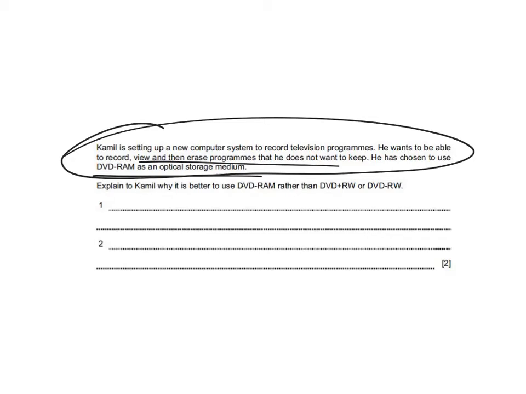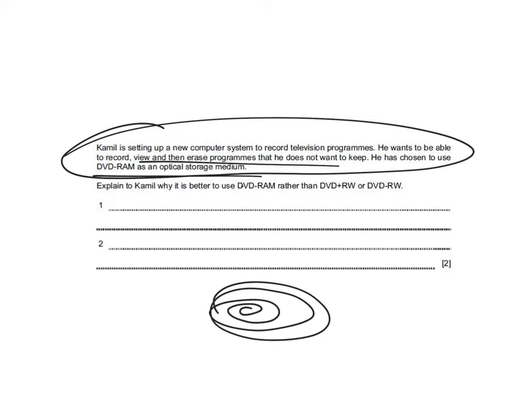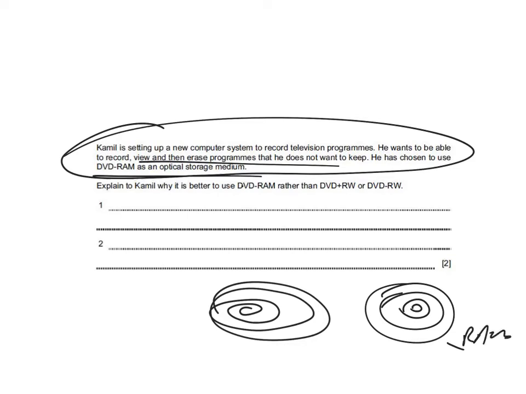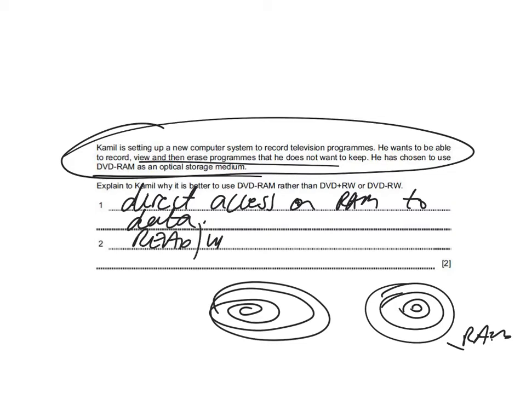So because the DVD is written on like one spiral track like this, whereas there's multiple concentric tracks on the DVD RAM, you've got what we hopefully remember from a while ago is where you've got direct access on RAM to data, and you can read, write at the same time.